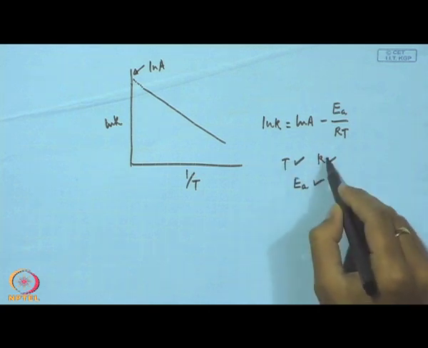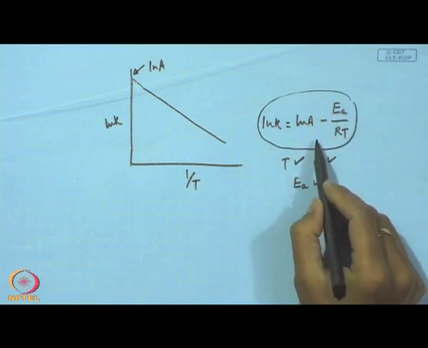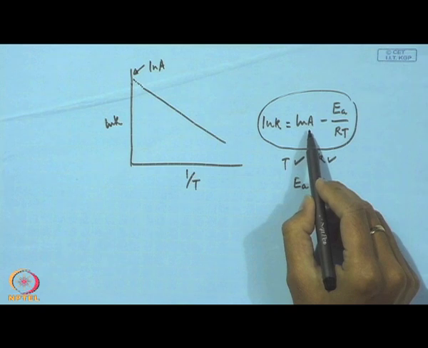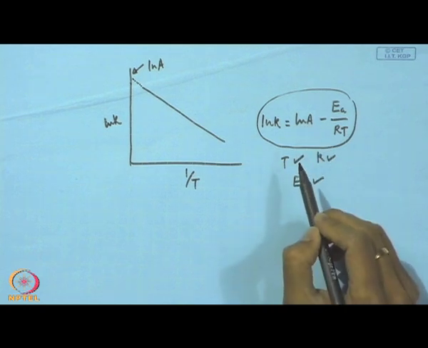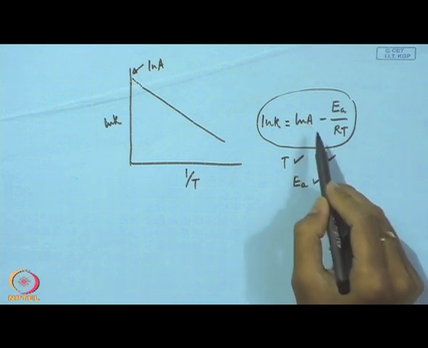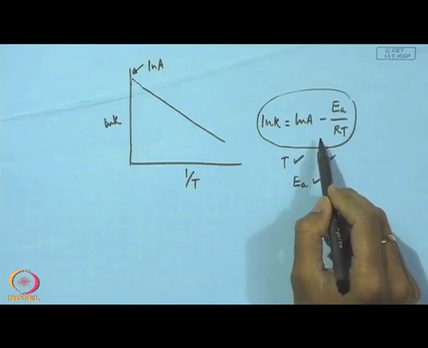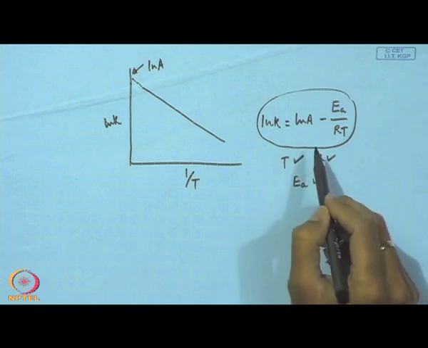So, you plug in all these three pieces of information into this expression, and that will help you in finding out this A. Okay. So, in this way you can find this pre-exponential term as well. Maybe it can be a graphical way, or maybe it can be just putting these numbers into this equation to find out the value of A.